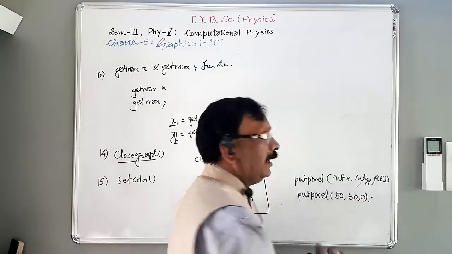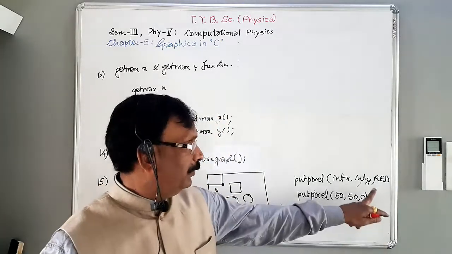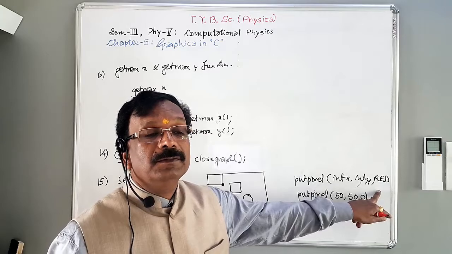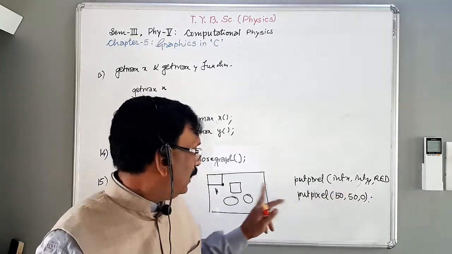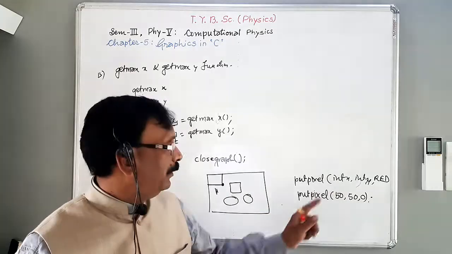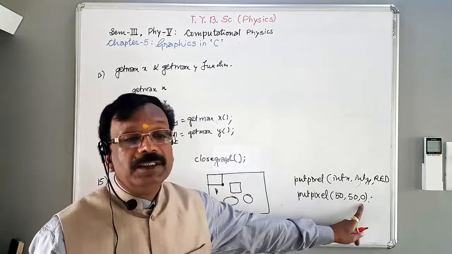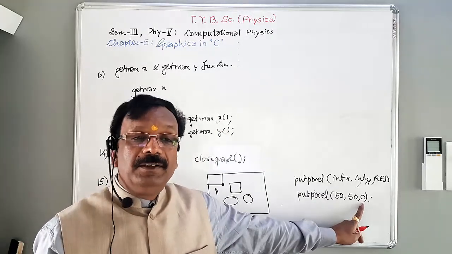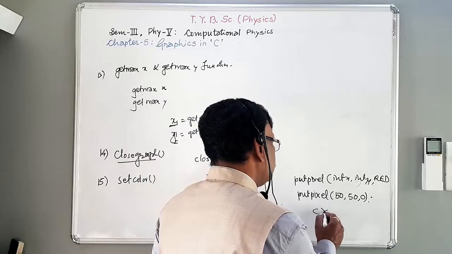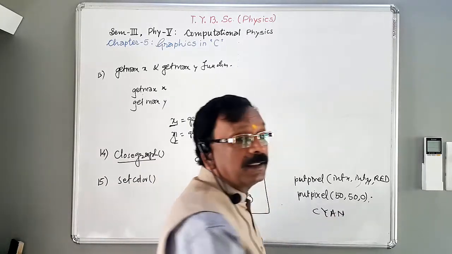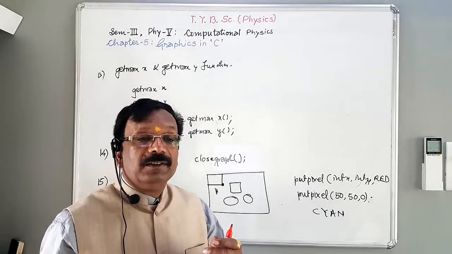When we use color 0, then color of the pixel is black. When we use 1, color of the pixel is blue. When we use 2, then color of the pixel is green. When we use 3, then color of pixel is cyan. Cyan means it is the greenish blue color.